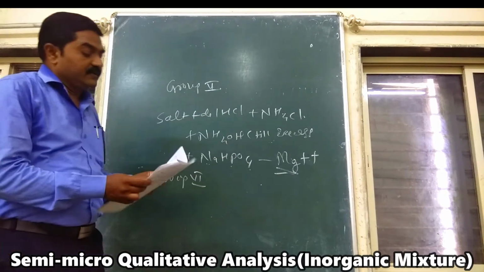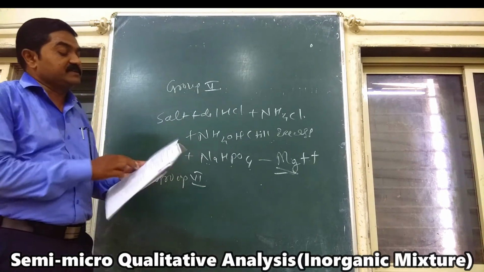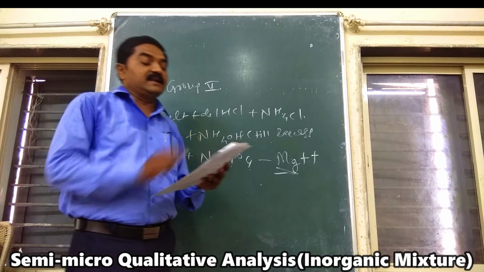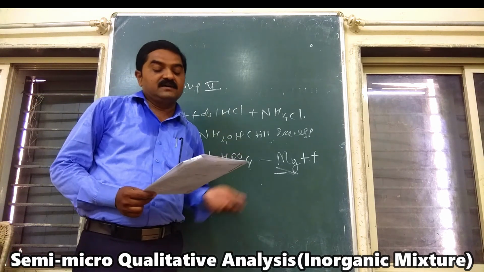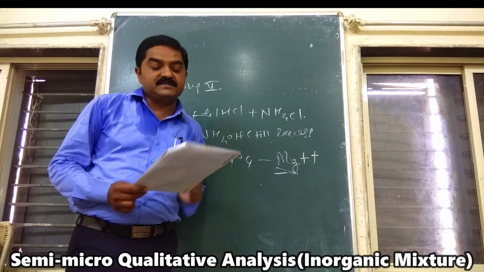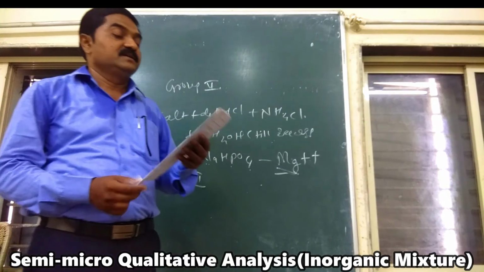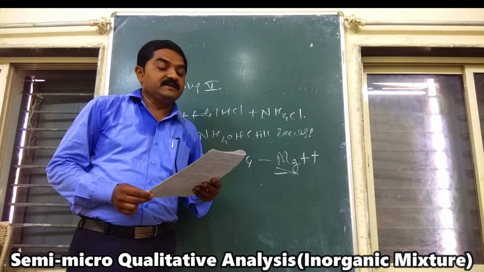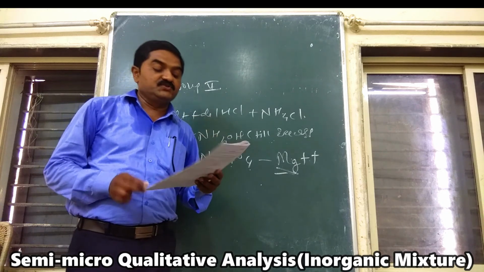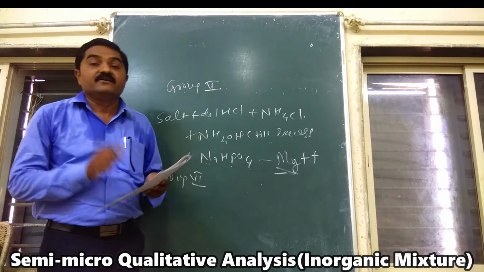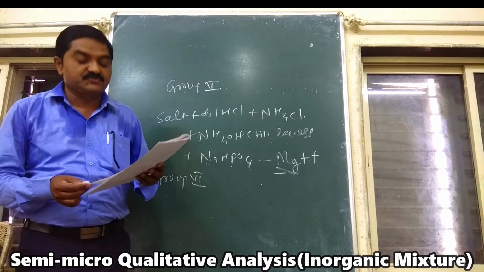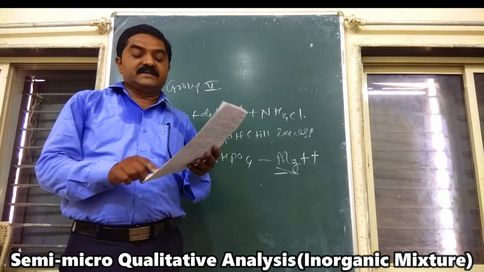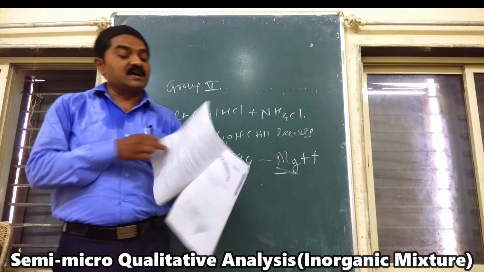During the analysis, if the first group is absent, you should perform the analysis of the next group, one by one. If second A is there, perform the second A test. If second B is there, perform the second B test. If third A group is there, you should perform all the tests, and if third B is present, you should perform all the tests given in the chart.